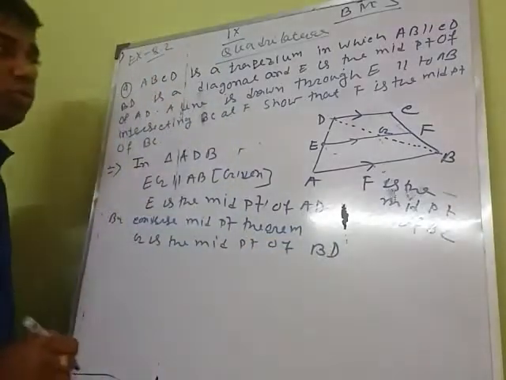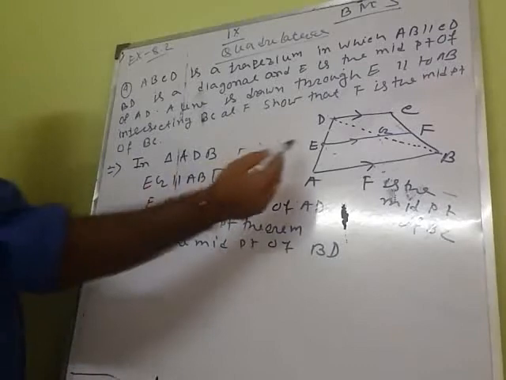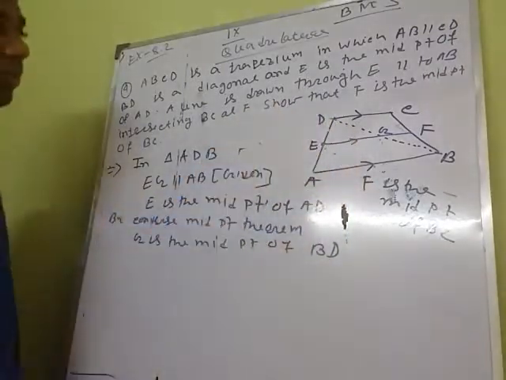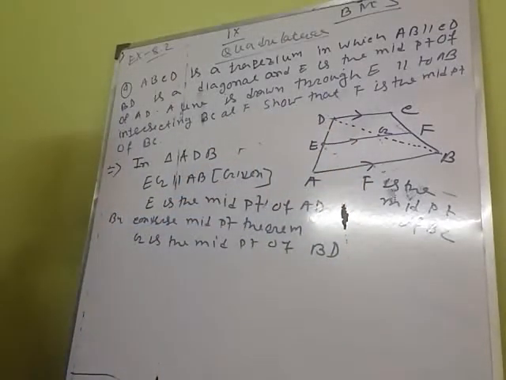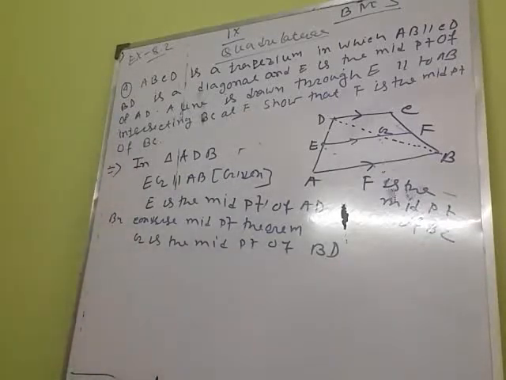So E is the midpoint of AD and G is the midpoint of BD. This I proved by using the converse of the midpoint theorem.